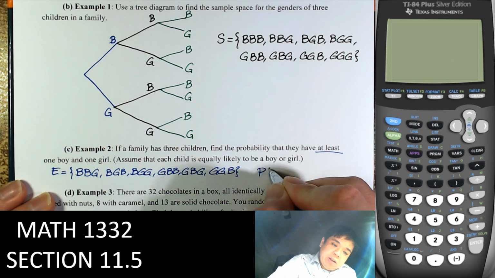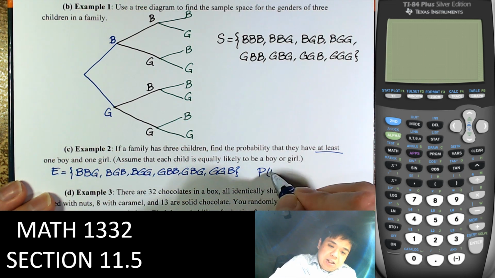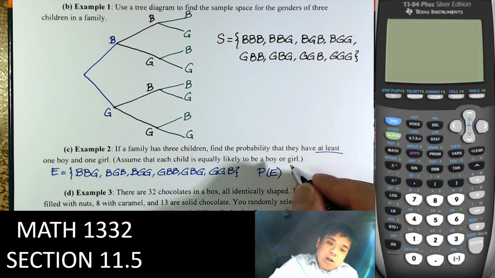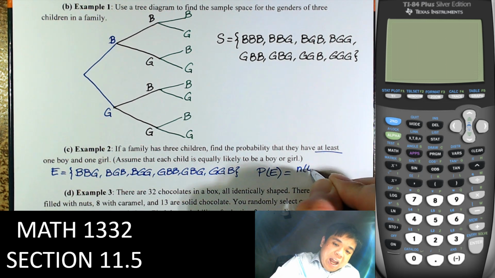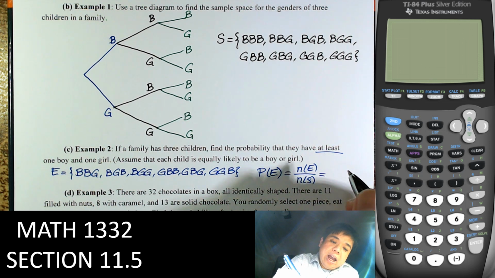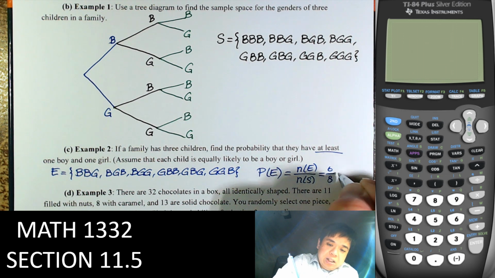So the probability of that event is how many we have in E over how many we have in S. In E we have 6, in S we have 8, so that's 3 over 4.